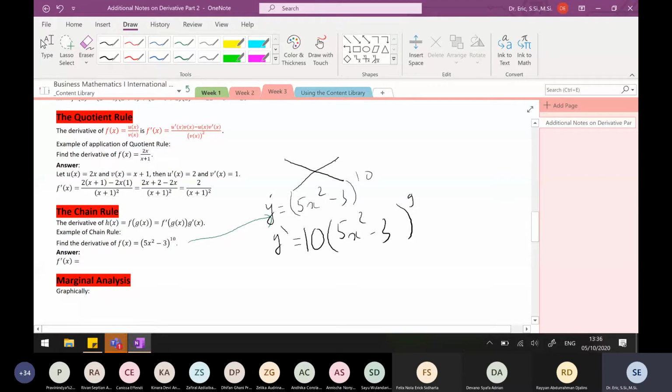But that is the derivative with respect to capital X. I want to find the derivative with respect to little x. So I have to multiply with the derivative of capital X with respect to little x. That is 10x. Can you follow me?